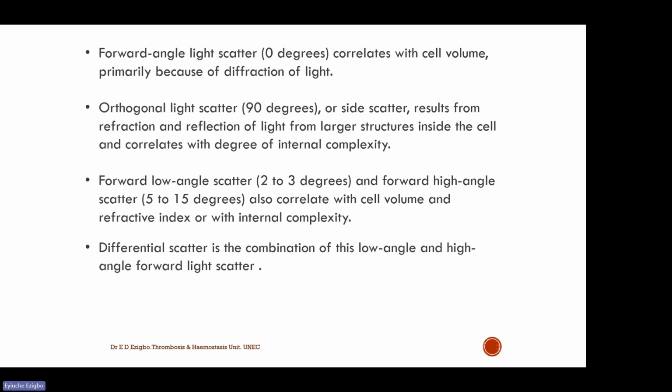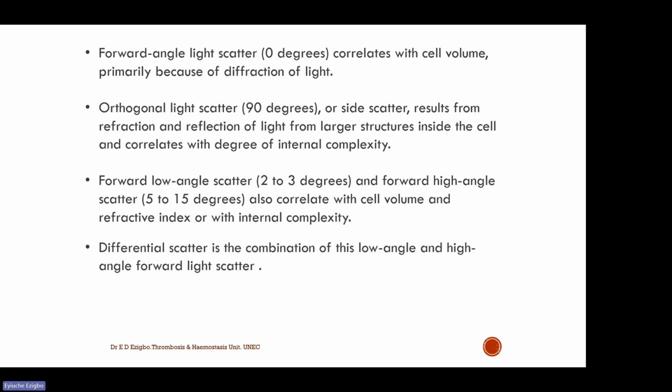Forward angle light scatter at 0 degrees correlates with cell volume, primarily because of diffraction of light. I know that diffraction of light is at a smaller angle. Orthogonal light scatter at 90 degrees, or side scatter, results from refraction and reflection of light from larger structures inside the cell and correlates with degree of internal complexity.